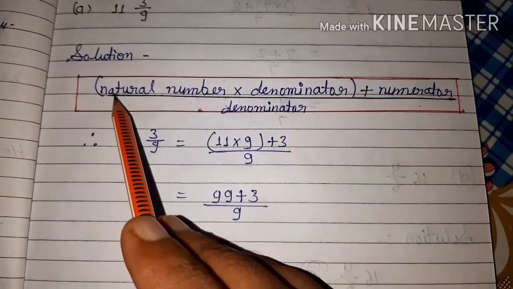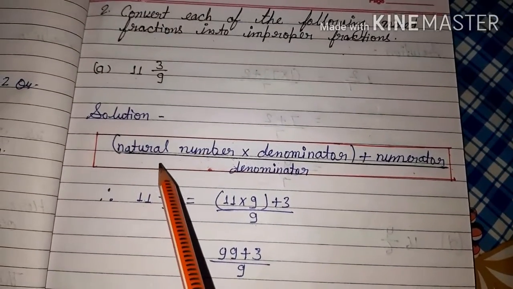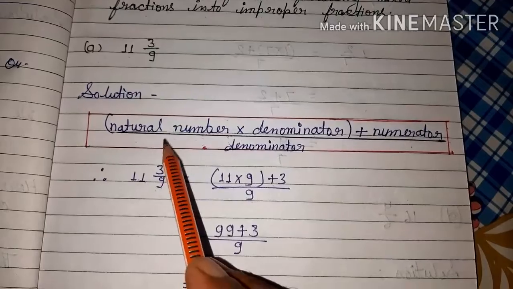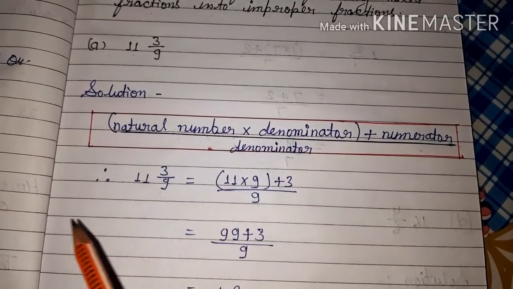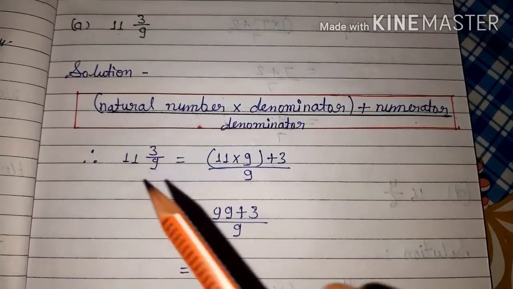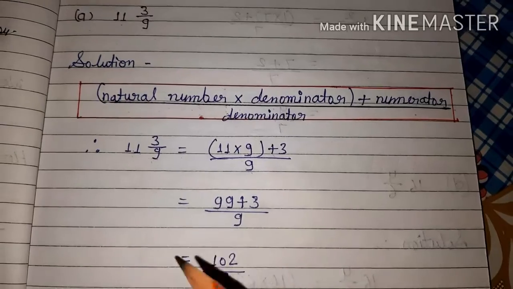So all students learn this formula to find the improper fraction, and if you find a mixed fraction, the formula of a mixed fraction is quotient plus remainder upon divisor.